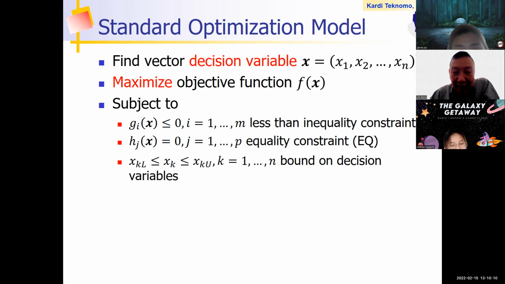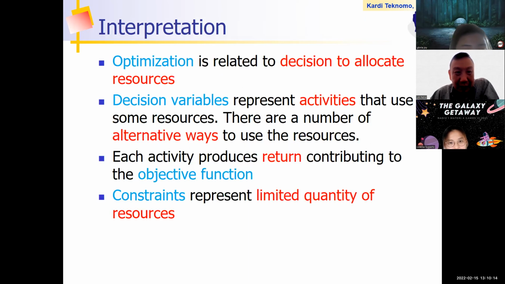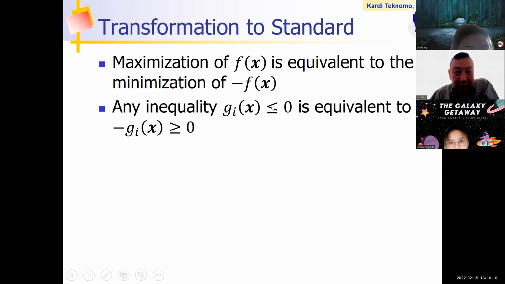Okay, so here it is. Any inequality that is larger than 0, if you multiply by -1, it will become less than 0, the same.